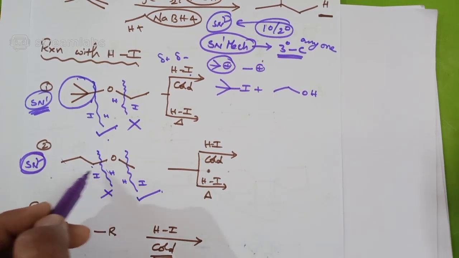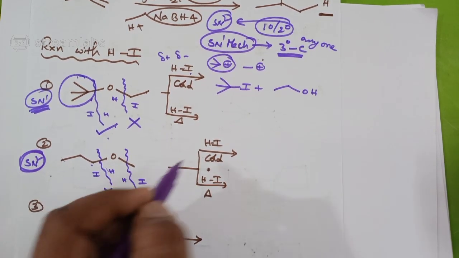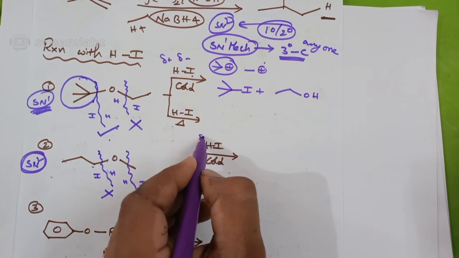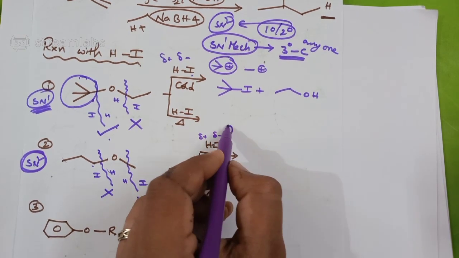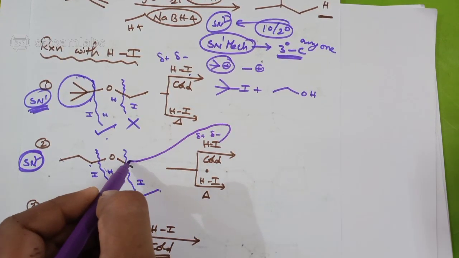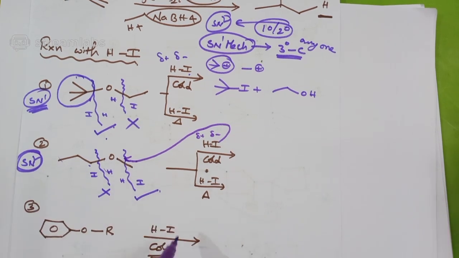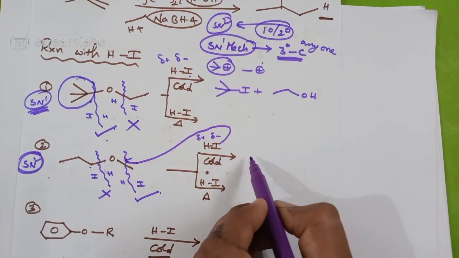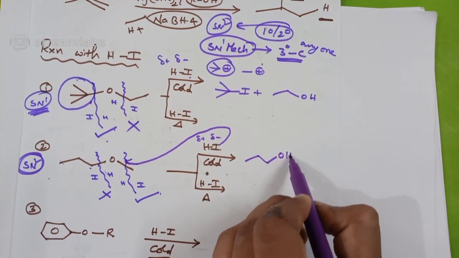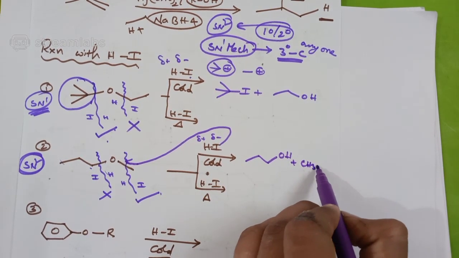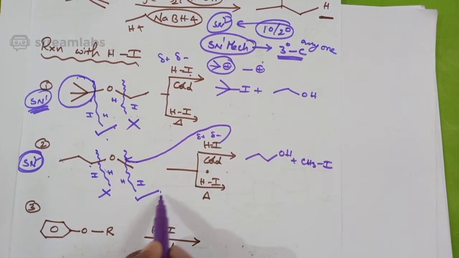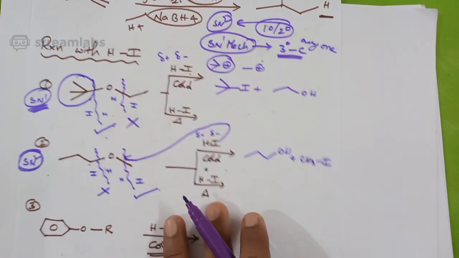So in these two, where is it less crowded? This one. What is the nucleophile here? I minus. So I minus attacks here only, this bond cleaves. So what is the answer now? Propanol plus methyl iodide. So this one is correct, what I said.